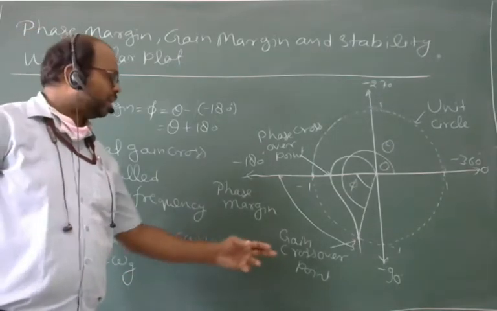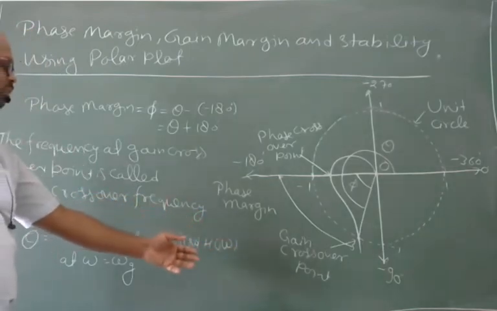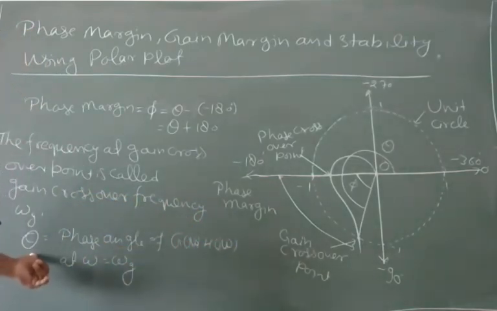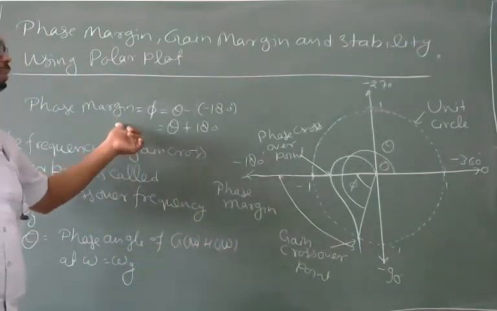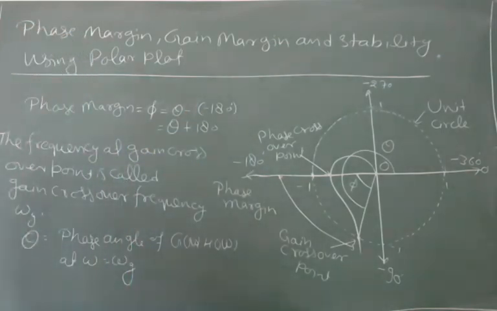Means at gain crossover frequency the phase angle of G j omega H j omega will be theta, and what will be the phase margin? Phase margin will be theta plus 180 degree, right?